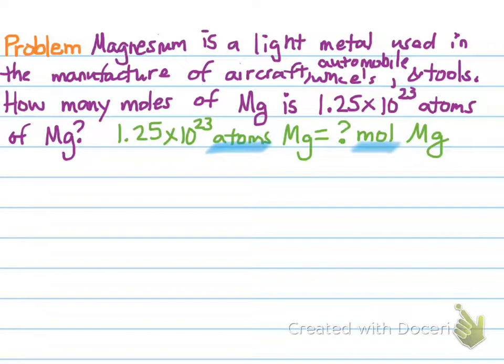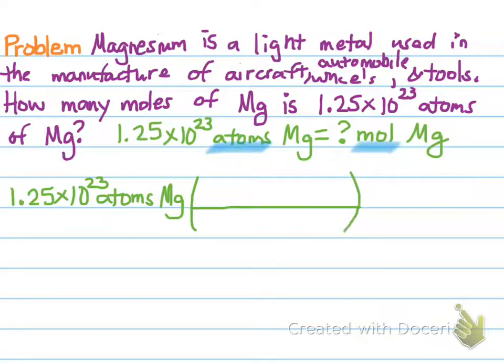It's magnesium. So I'm able to use that tool. I'm still going to start, as we did all of the problems throughout chapters 3 and 4, with my given. And my given in this problem was 1.25 times 10 to the 23rd atoms. I'm really going to encourage you to get in the habit of putting your substance, because at some point in the future, that's going to become important.